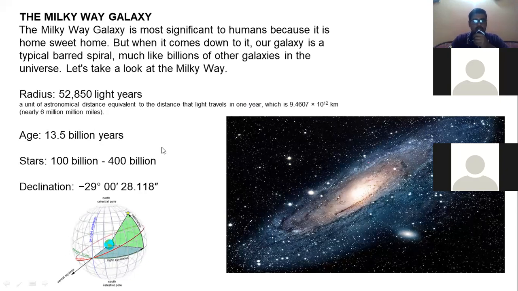The age of our Milky Way Galaxy is 13.5 billion years. Some authors and geoscientists report 13.6, and some report 13. But the average age of the Milky Way Galaxy is 13.5 billion years. The Milky Way Galaxy comprises 100 to 400 billion stars, which is not exact data.